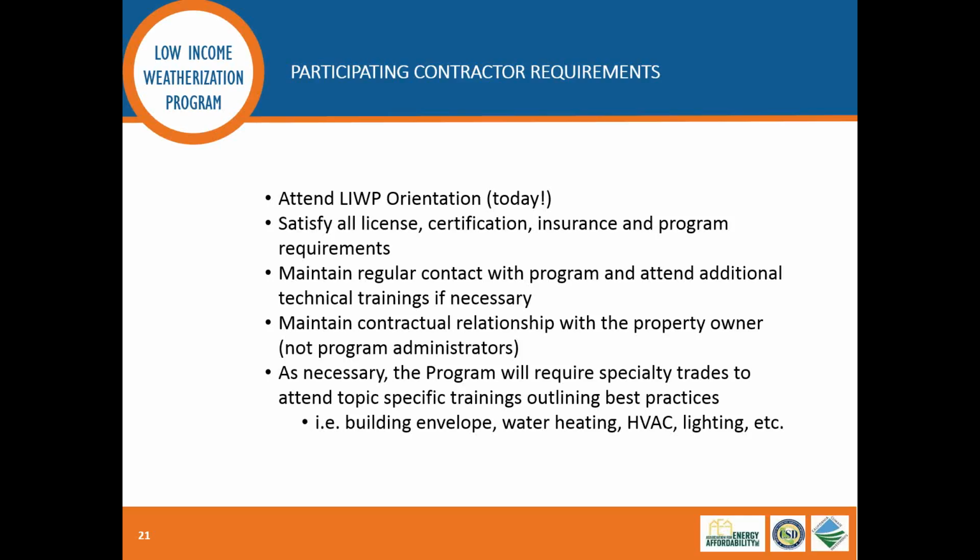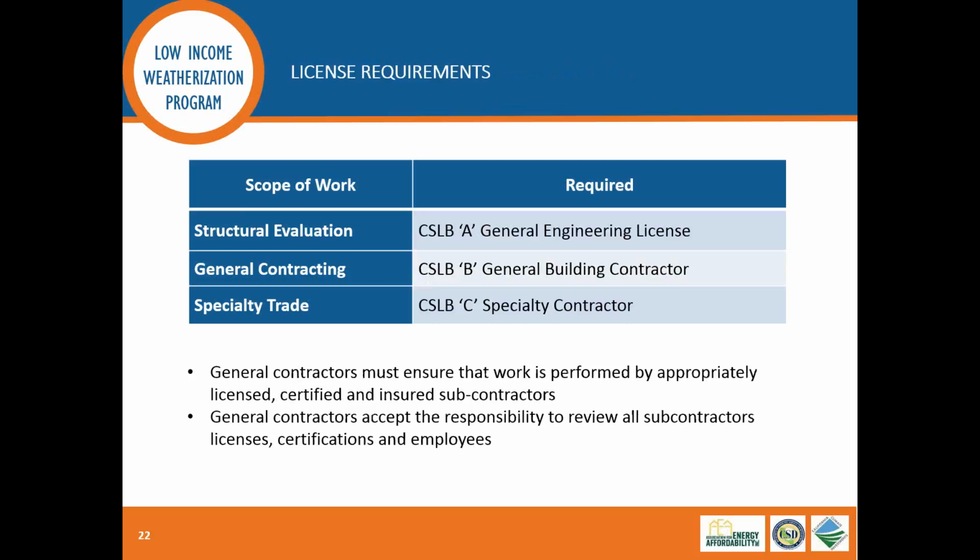We may put together some additional training opportunities as it relates to specific types of measures, for example, where we'll go over best practices and also specifics as it relates to the efficiency and the specification of each of those measures. And then, as I mentioned, it's your responsibility to maintain a contractual relationship with the property owner. We have no part in that contract. We're just here to help provide incentives and technical support.